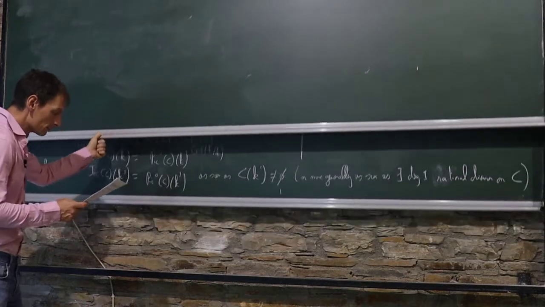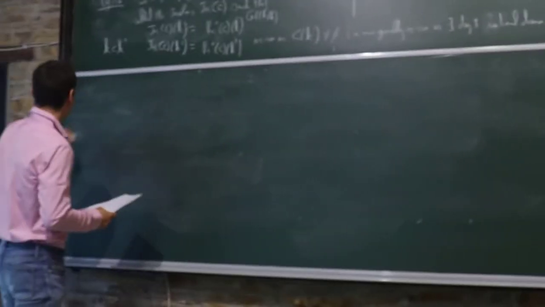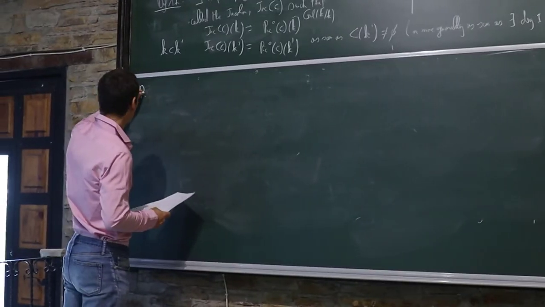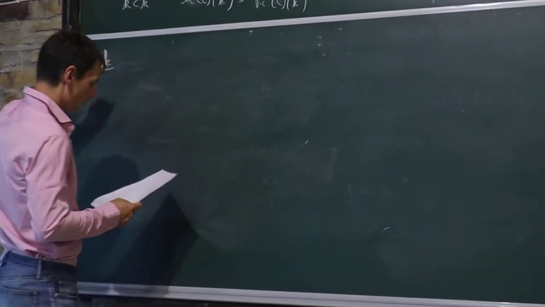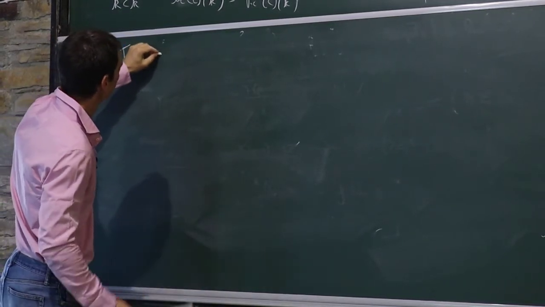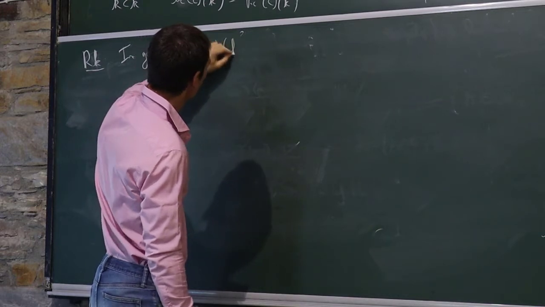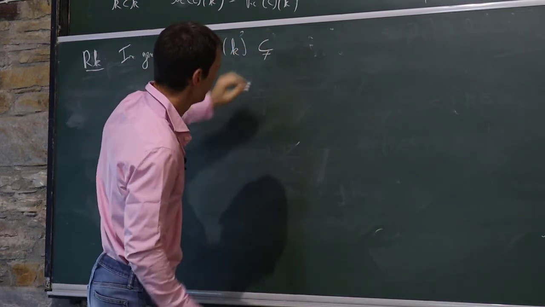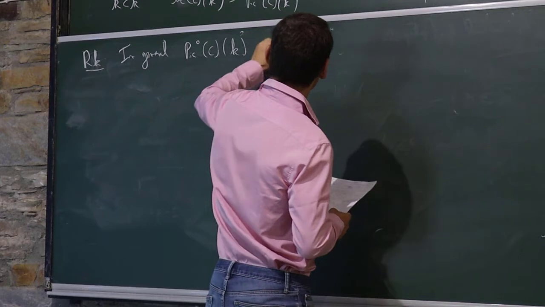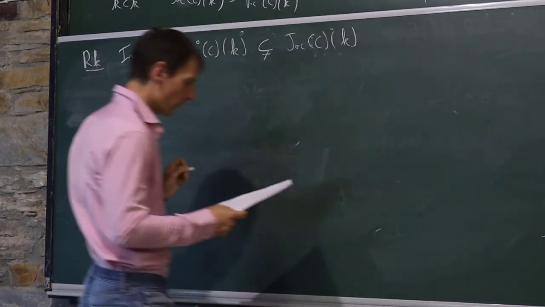But in general, it might not be the case. So still as a remark, in general, Pic^0(C)(k) can be smaller than Jac C(k). And I'm going to give you an example.